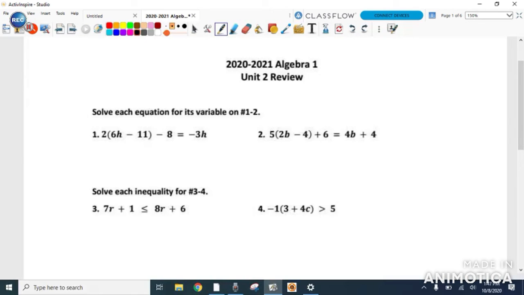So now, 1 through 2, we are trying to solve the equation. If you remember, I have steps to solve the equation. I have 4 of them. Step 1 is distribute. Step 2 is combine like terms.